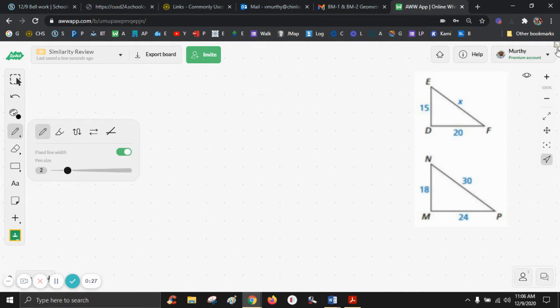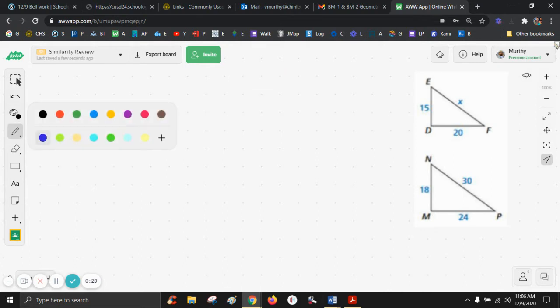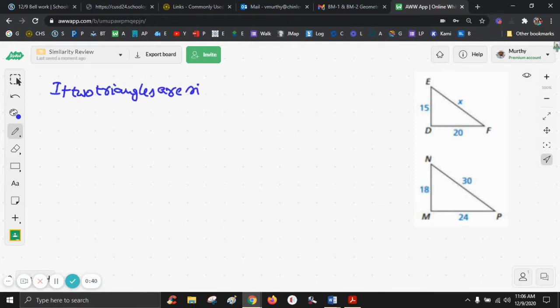So let me write the same condition. If two triangles are similar, then the sides are proportional.